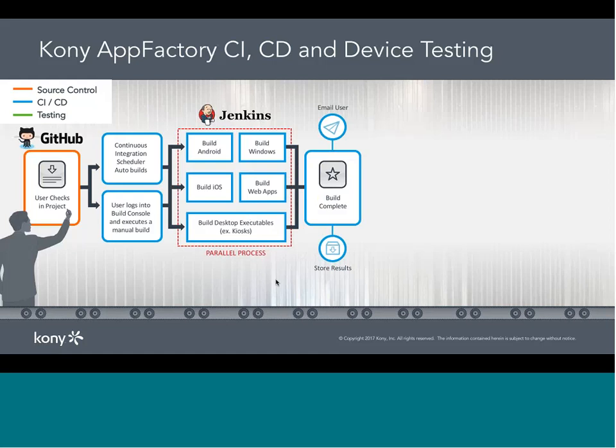Once the build is complete, then the user can get an email, and that user could be a tester, right? Or a developer, and then they'll see the results of the build. If there's any errors, they can go back and figure out why the build failed, or if everything is fine, then they'll get a confirmation of a successful build.